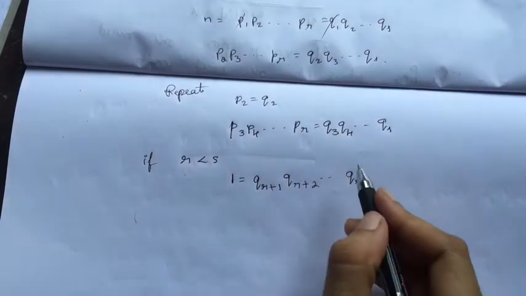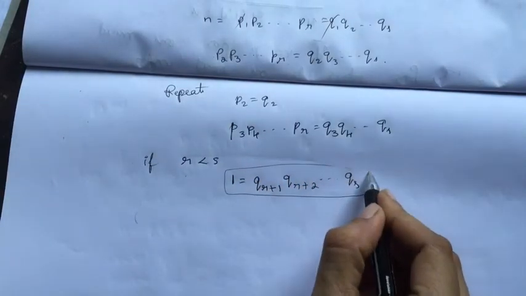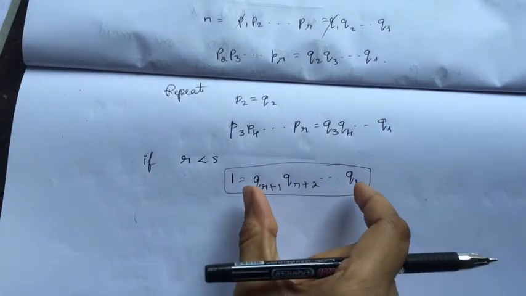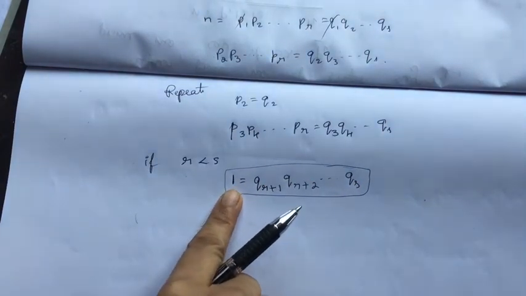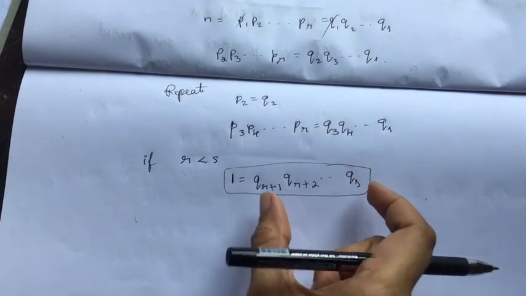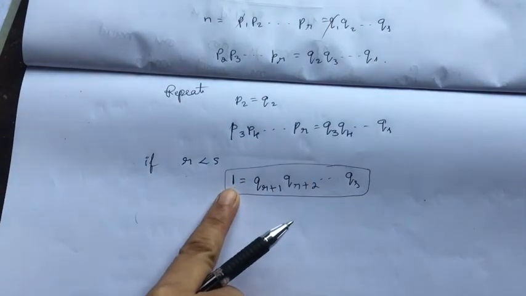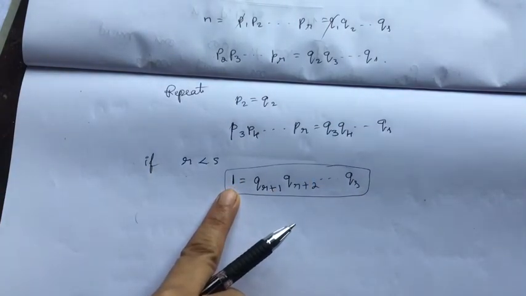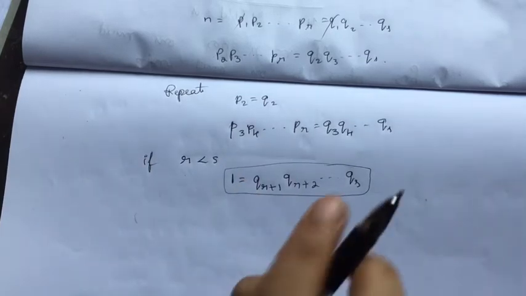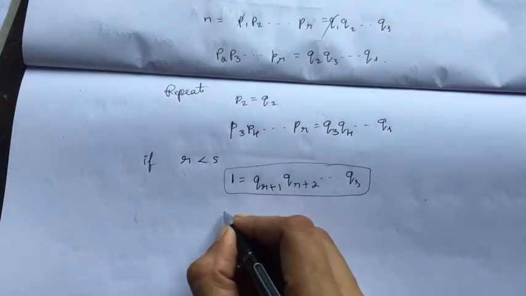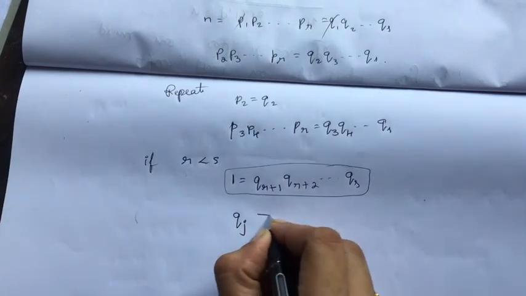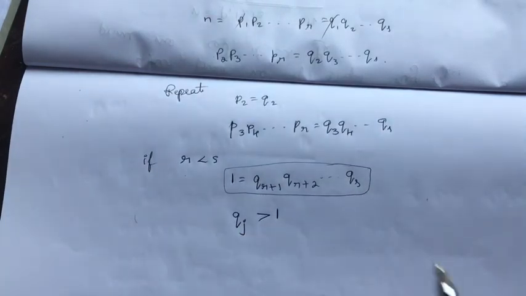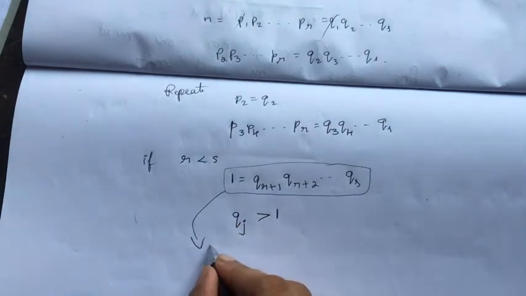In fact, this is not at all possible. The product of integers giving me the value 1. In fact, a product of primes giving me the total product as 1 is not at all possible, because each Qj is a prime and it is greater than 1, so this is not possible.